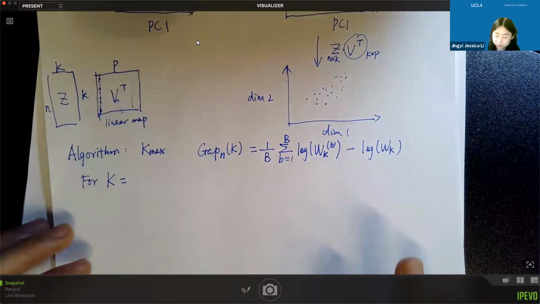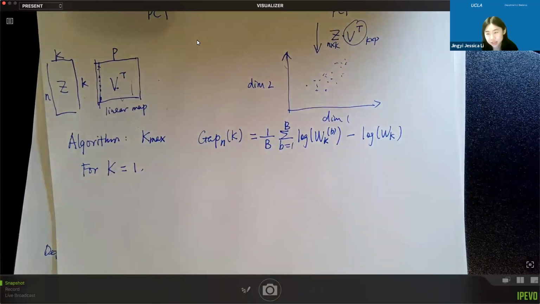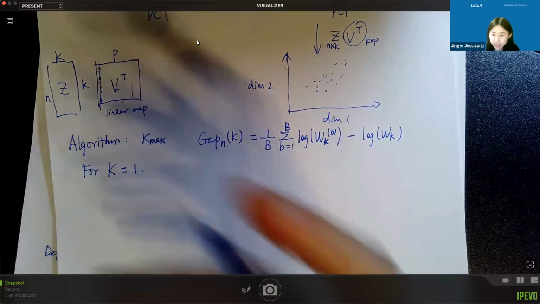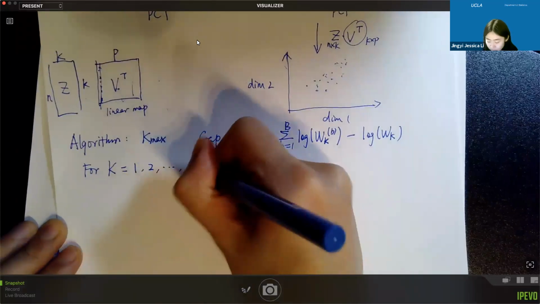Then in the algorithm, for each K, we can of course start from 1. Because if you ended up choosing K equals 1, you will not do clustering at all. It means the data doesn't have any pattern for you. So 1, 2, up to K max.